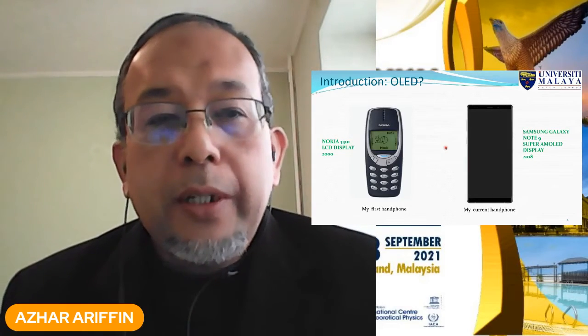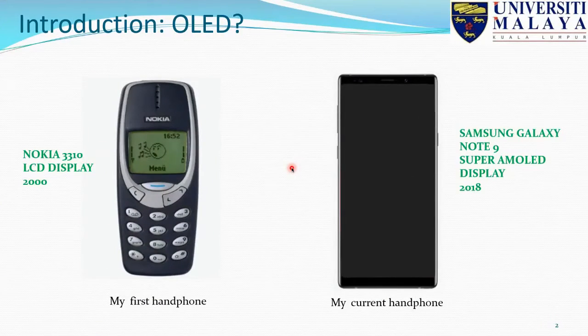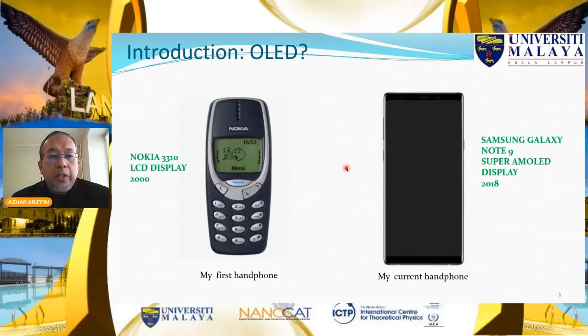The latest smartphone technology uses AMOLED; for example, Samsung handphones mostly use Super AMOLED for their display. I'm not going to share the technology of making this OLED display, but I will look at the very fundamental aspect of the material that is used in making it.